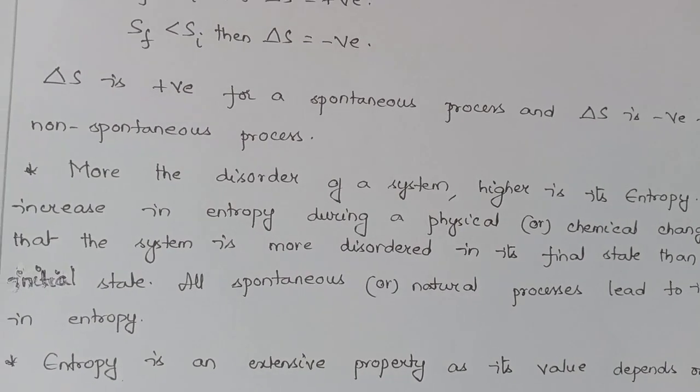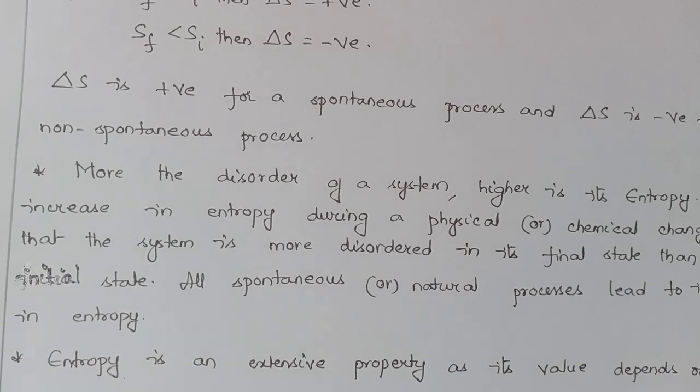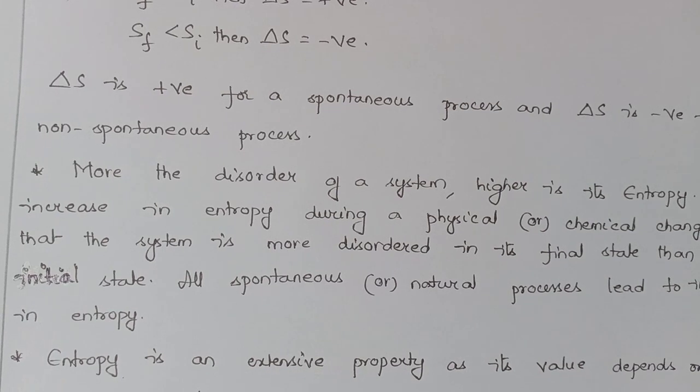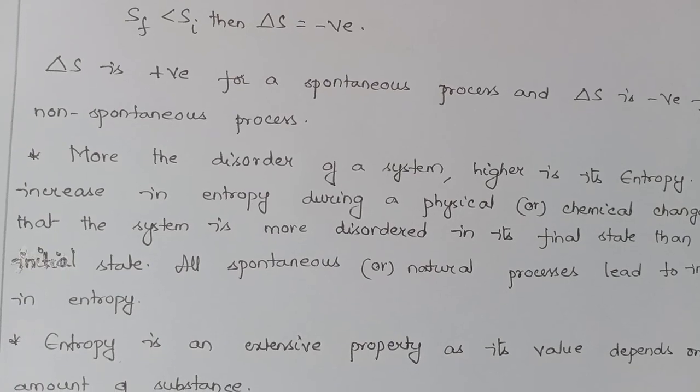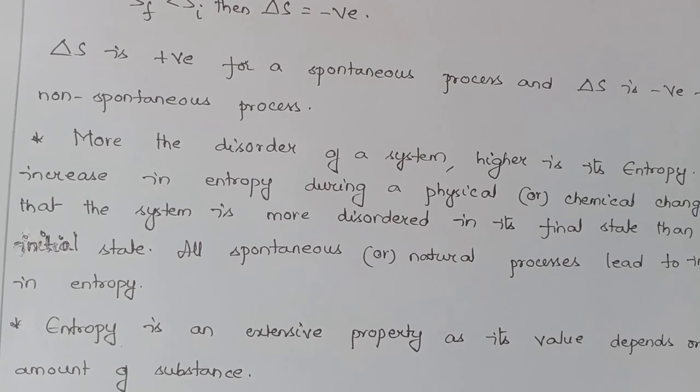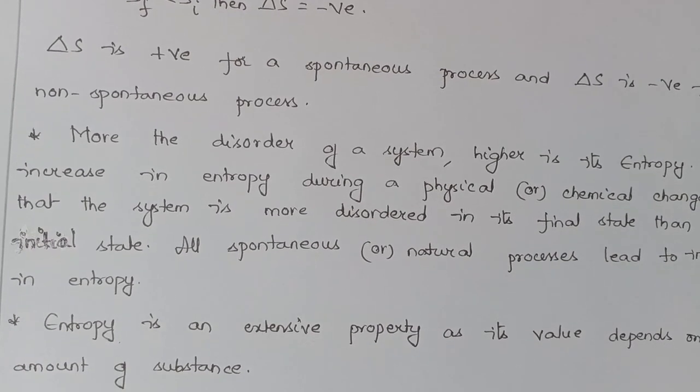Next point, write down. We have seen that entropy is a state function, which means that it depends on initial and final states, but not on the path followed, how the final state is being reached. And also, it is an extensive property. This also we have discussed in the initial classes, students. Entropy is an extensive property. What does it mean?